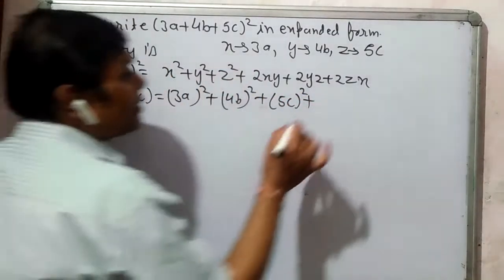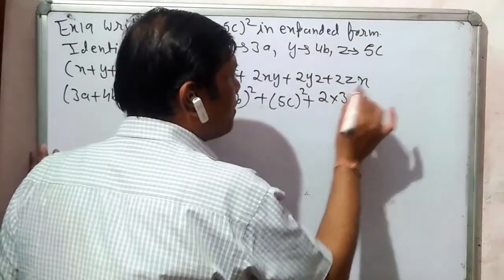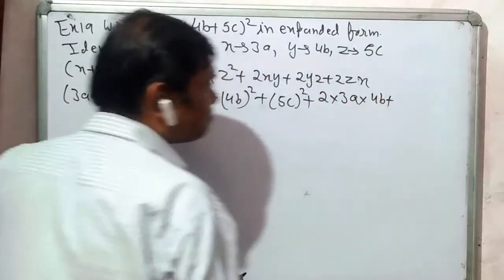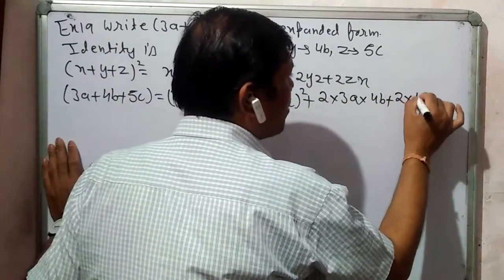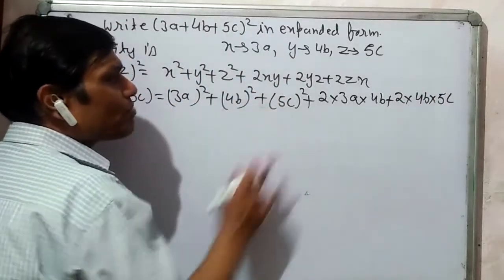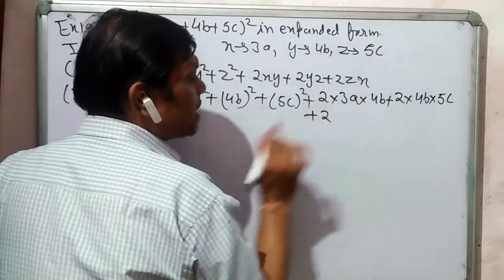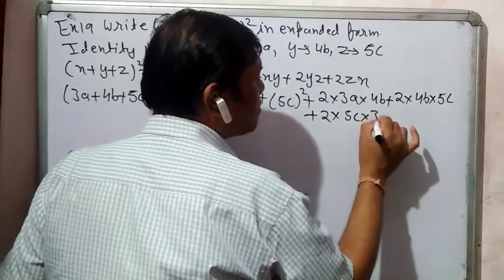Plus 2xy, that's 2 into, in place of x, 3a, in place of y, 4b. 2yz: 2 into y is 4b, z is 5c. And the last term is twice zx: z is 5c, x is 3a.